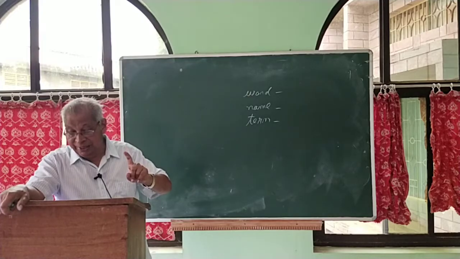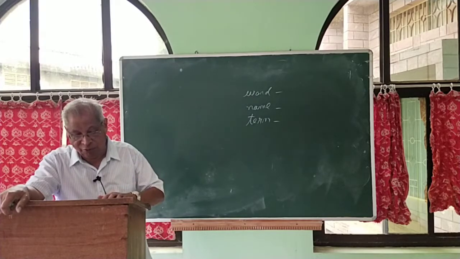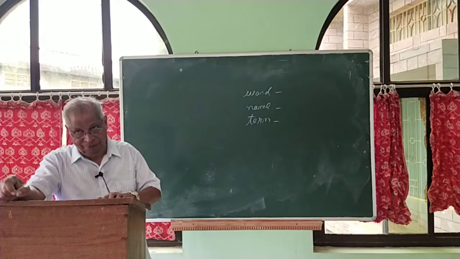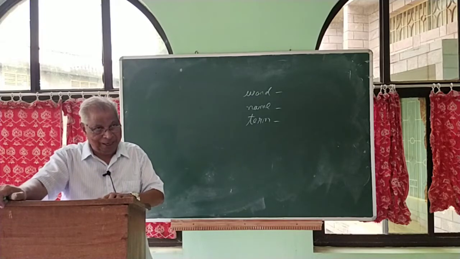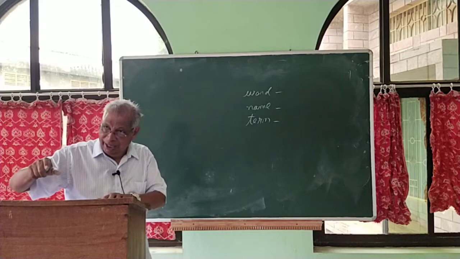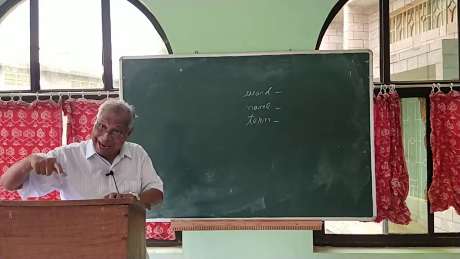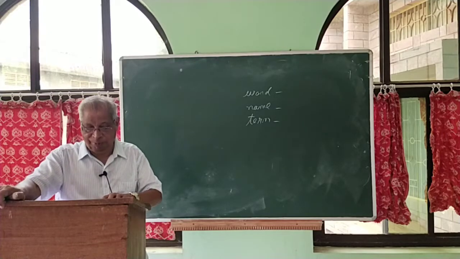A term is a name which actually serves as subject or predicate of a proposition. That is the difference. Now you have to take note of the way I have formulated. A name is a word or a group of words which can be used as subject or predicate of a proposition.